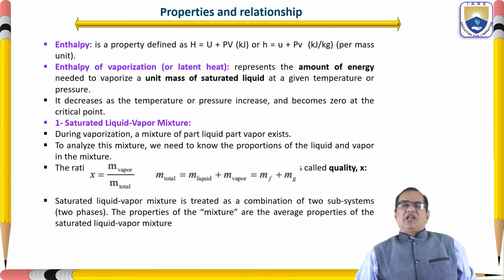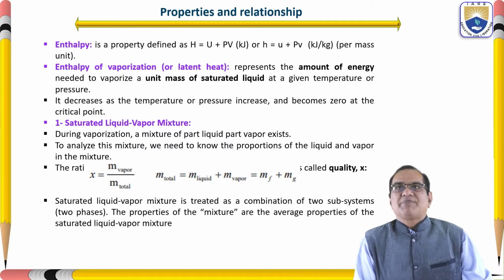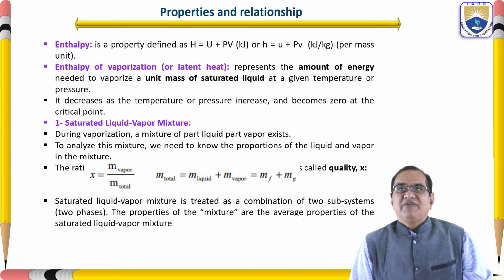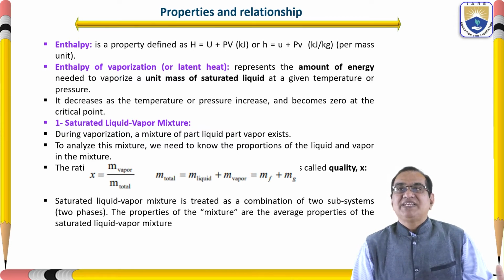Now I will discuss properties and their relationships, because by observing one parameter, we can find out the other parameter. So what is enthalpy? Enthalpy is a property defined as H equals U plus PV. U is internal energy and PV is work done. But if we make it specific enthalpy, all the letters will be in small letters.